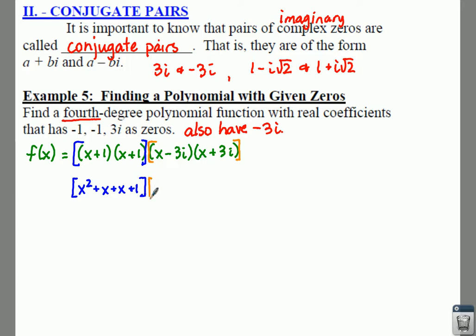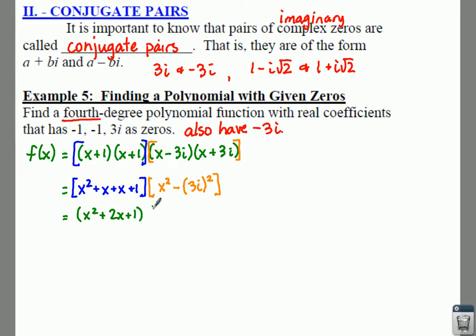So for your difference of squares, you take x times x, which is x squared. And then you have a minus sign. So what you're going to do is take 3i, and square that also. This is just your difference of squares that you've dealt with in Algebra 1 and Algebra 2. So let's clean this up. In the first set of parentheses, we're going to have x squared plus a 2x plus 1.